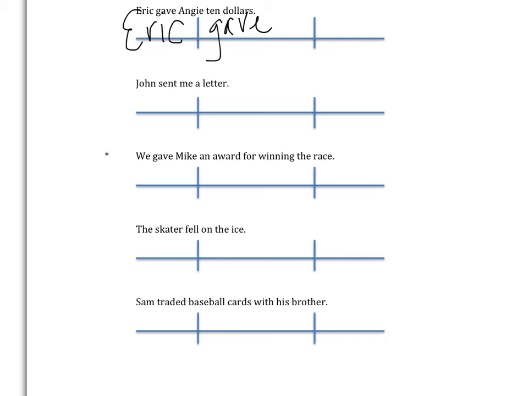He gave $10. So dollars is your direct object, and you have to put the DO above it. To whom did he give that $10? To Angie. She's the indirect object. And again, notice that after the action verb, you have first the indirect object, if there is going to be one, and then the direct object, if there is going to be one.